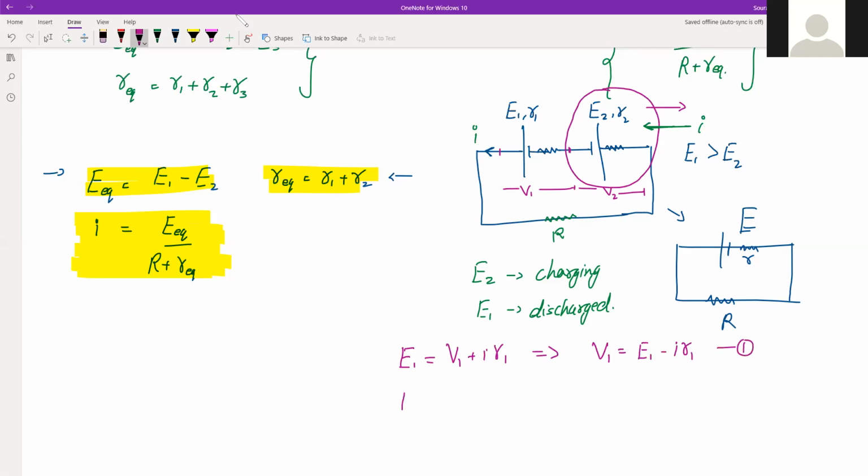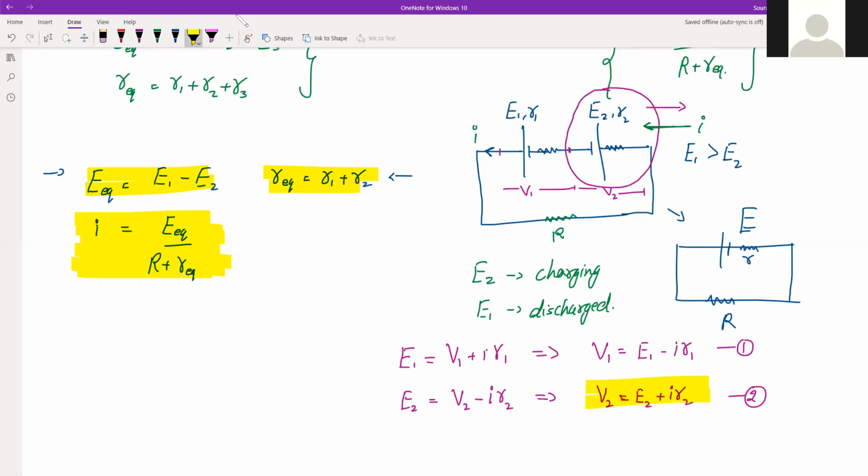But E2, the EMF there, is equal to V2, the potential which is there, minus Ir2. Obviously, because here the cell is getting charged, its potential will keep on increasing. So V2 will be equal to E2 plus Ir2. So if this is the case, it will be like this.